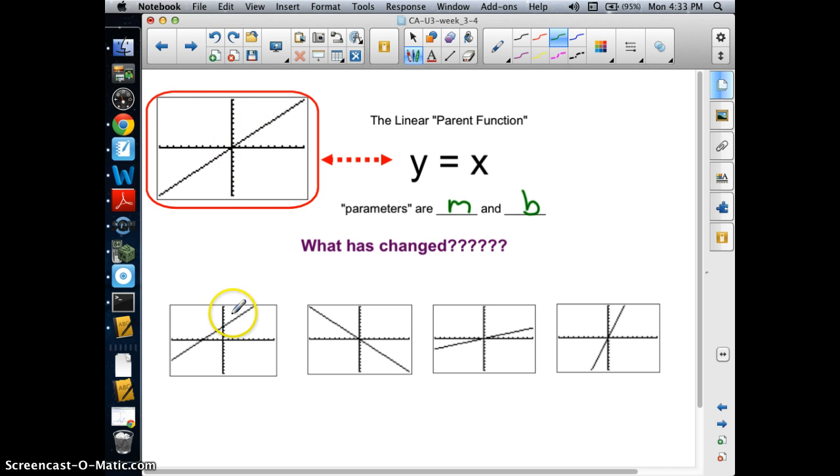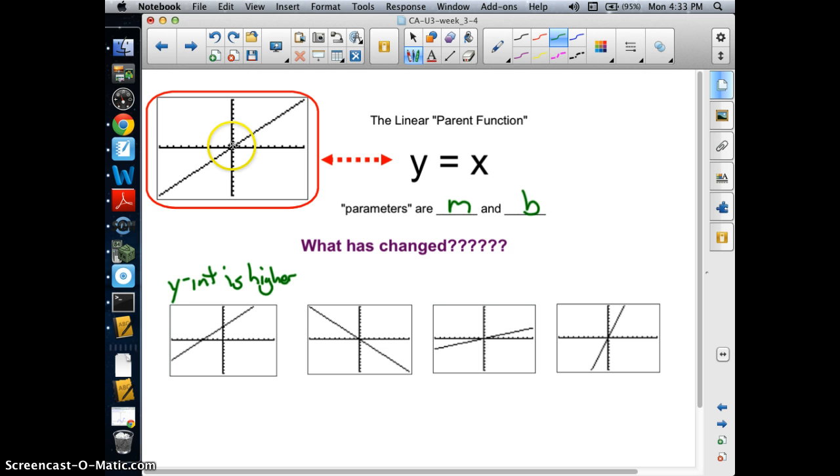I could count rise over run and find out that they were the same, but I can see it here. But I do notice that the y-intercept has changed. In this case, the y-intercept is higher. It moved up, right? Here it looks like it's about 4.